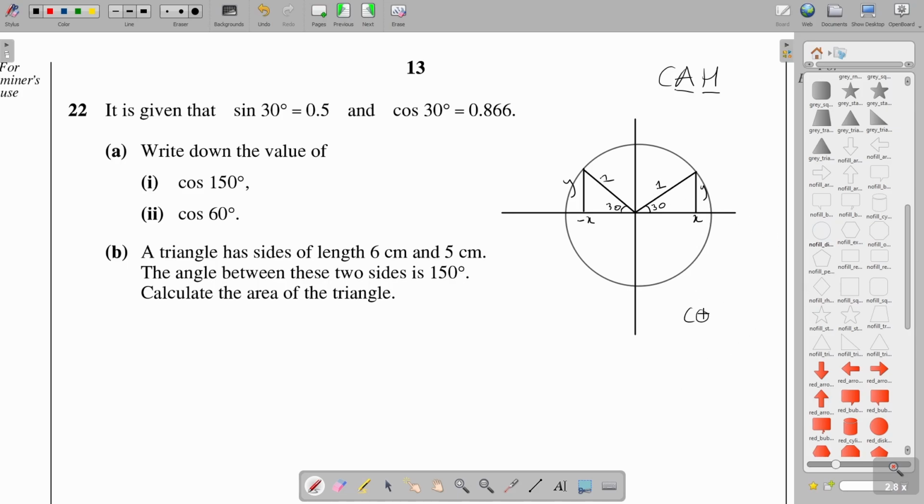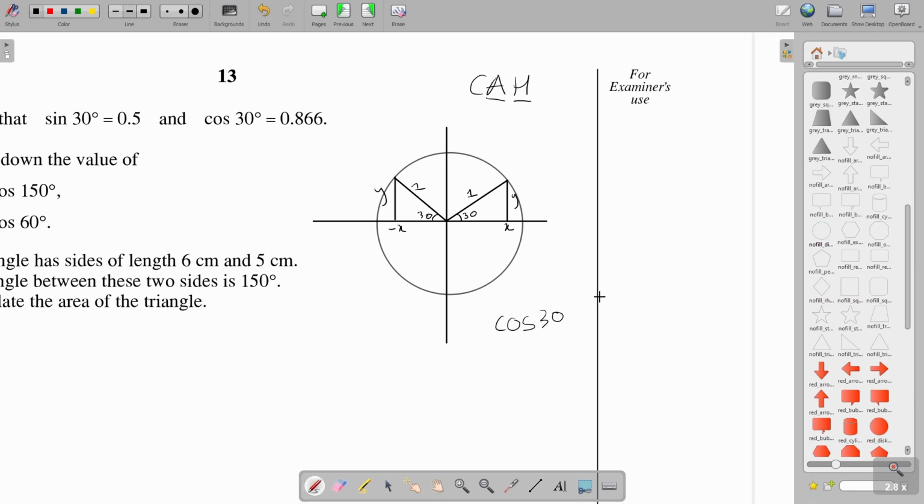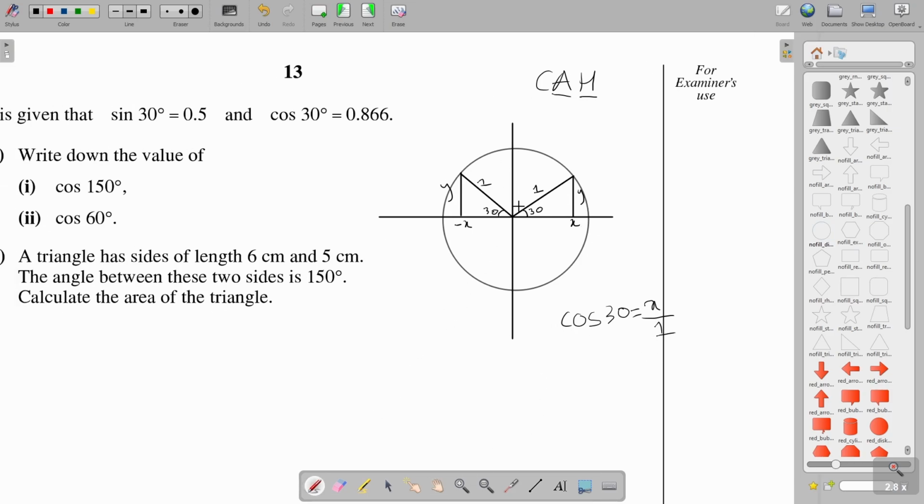So here our cos of 30 is x over, right, adjacent over 1. And then if we go to the other side, because we can't do cos of 150 because that would be a triangle, instead we're doing cos of 30 over here, which would be equivalent to cos of 50.